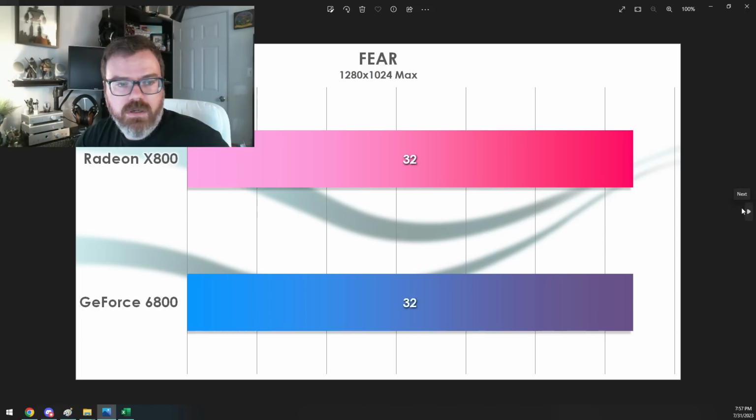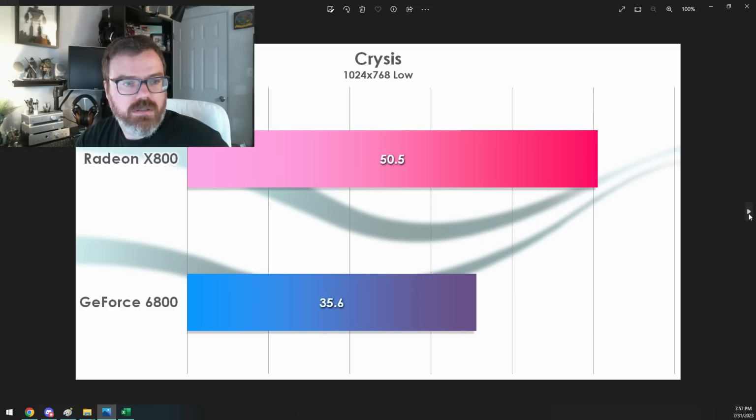Then we have Fear, maxed out again, not a very playable frame rate, but they both turn out exactly the same frame rate, which was a surprise for me. And then we did try Crysis at low settings at 1024 by 768. Actually pretty reasonable frame rates from both cards, but as you can see, the X800 has a pretty huge lead with this game.